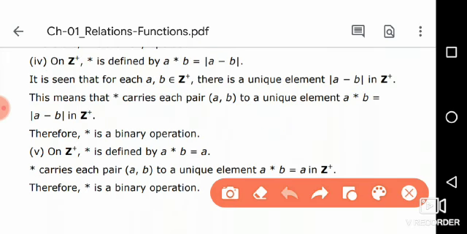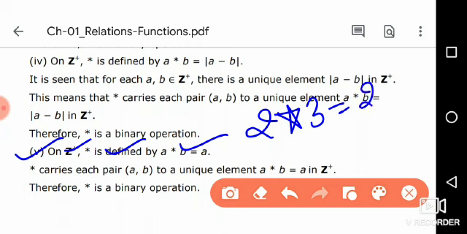My dear students, let me focus on the fifth problem in the same question. On Z plus, star is defined by a star b is equal to a. In this case we have 2 star 3 is equal to the first element, that is, a star b is equal to a, meaning 2 star 3 is equal to 2, and 3 star 2 will be equal to 3, that is the first.